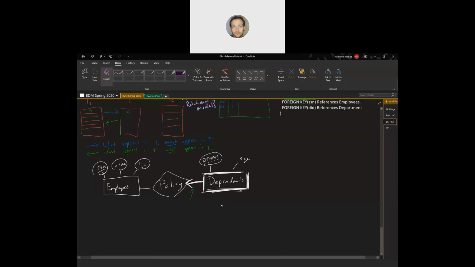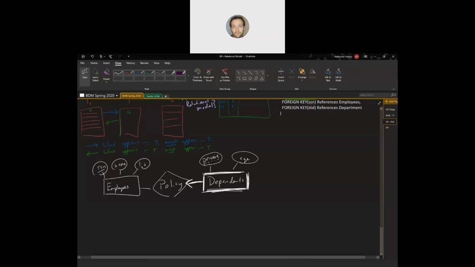A weak entity is supposed to capture when the only reason why something would exist in this entity is because it's attached to some other member of another entity. In this case, the P name is connected to the employee.